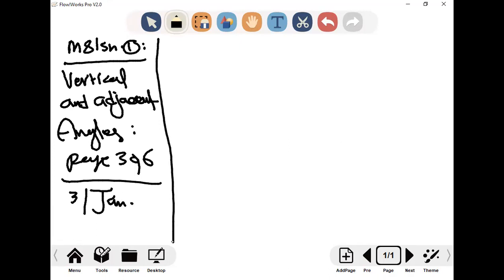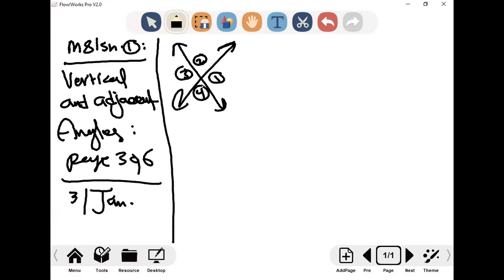Now focus with me. Yesterday we talked about vertical angles, right? We said vertical angles are equal. If we have these two lines, with angles 1, 2, 3, 4, angle 1 and angle 3, what do we call them?